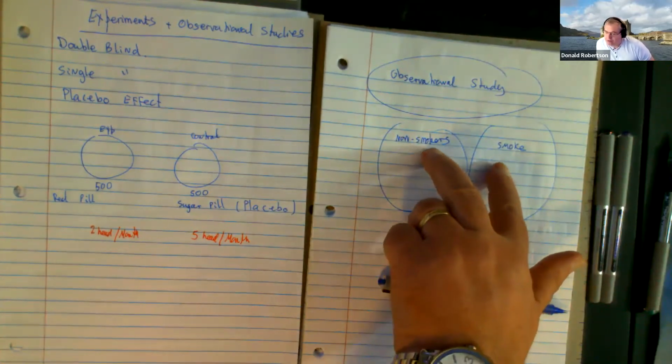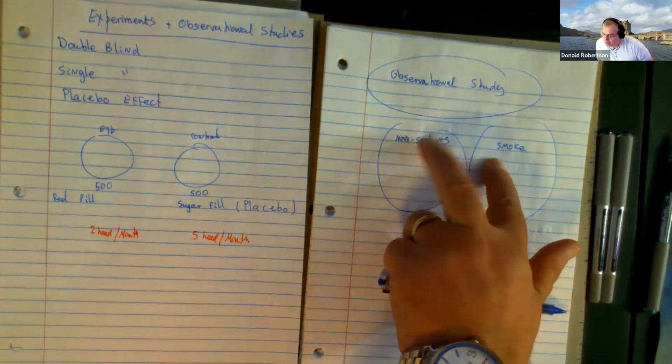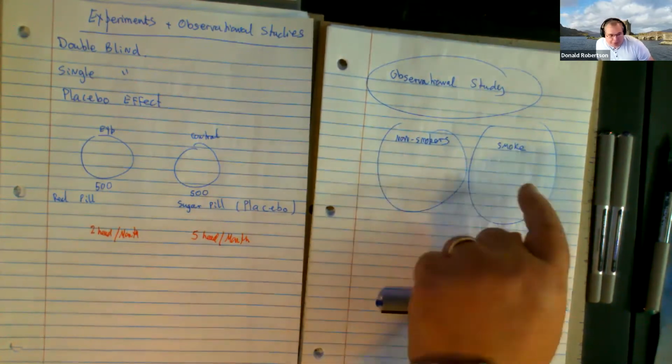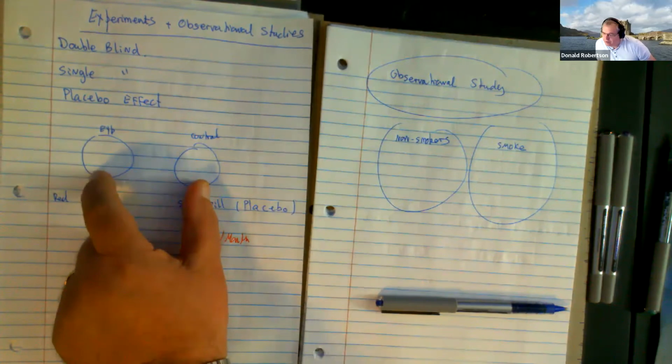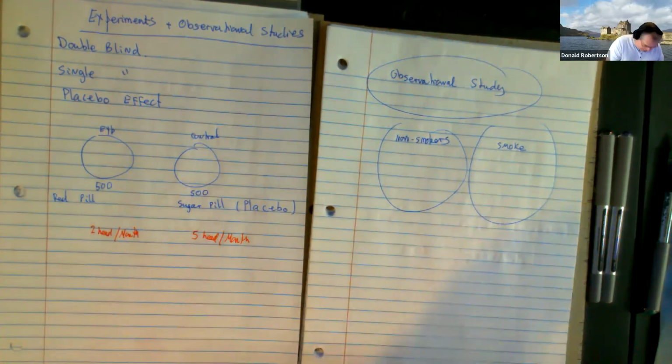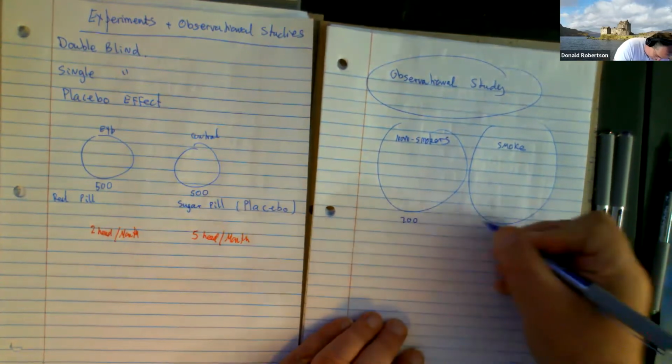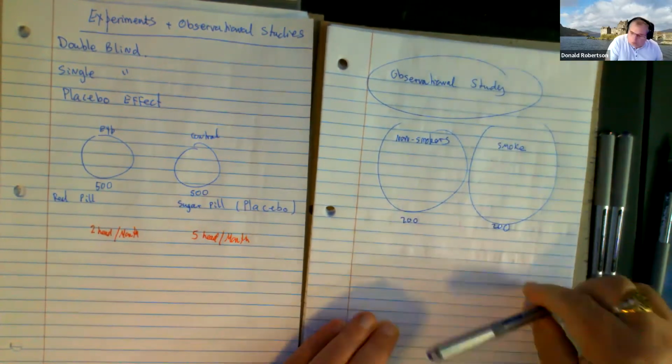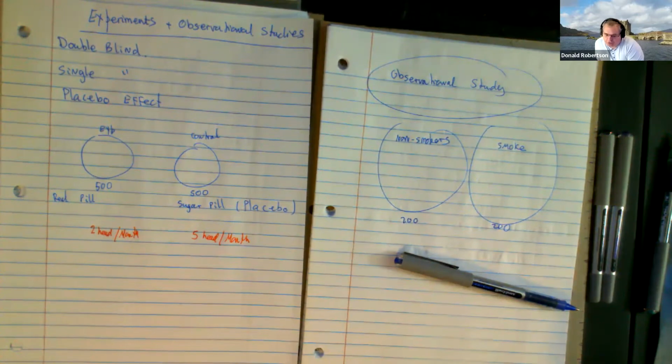Aren't these people already decided what they're going to be, right? I don't smoke, I do. So you do have two groups, but it's not the same as these, right? Non-smokers, smokers. And let's say you get 200 of each. And what you do is that you just follow them for a year or 2 years or even 10 years. Sometimes it has to be long-term studies.